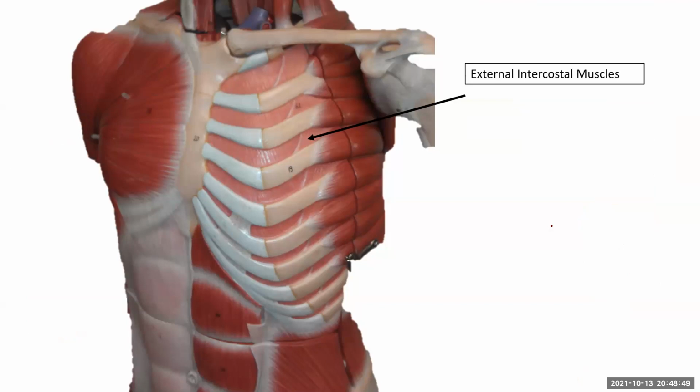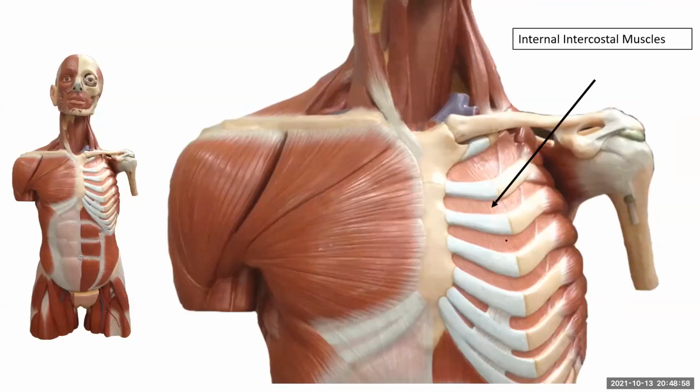And then we have another muscle that sits perpendicular to the external intercostals, and those are our internal intercostals. So those muscle fibers go in this direction, kind of like down and out, or up and out.